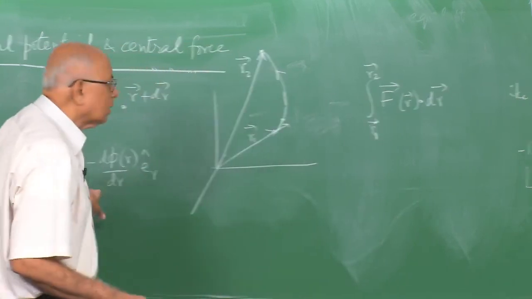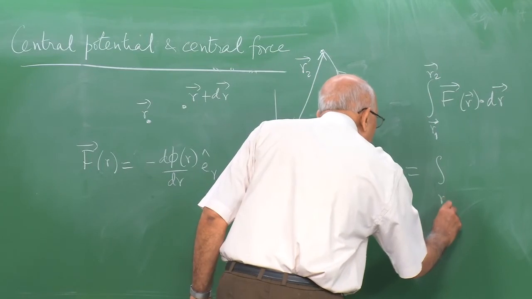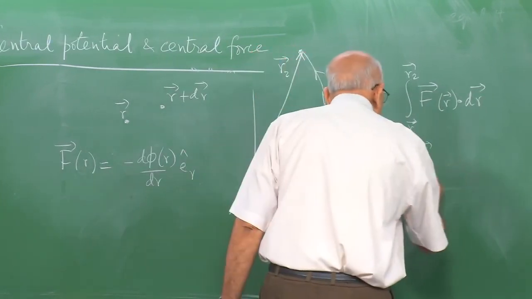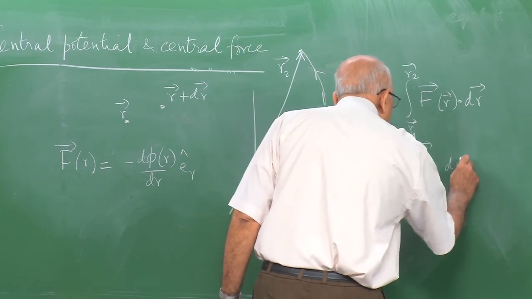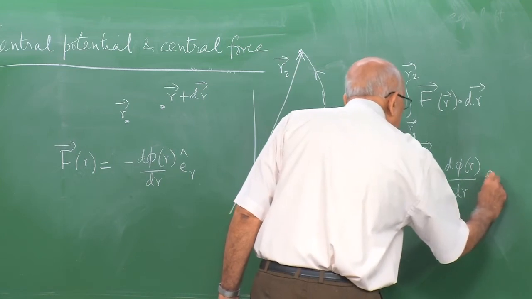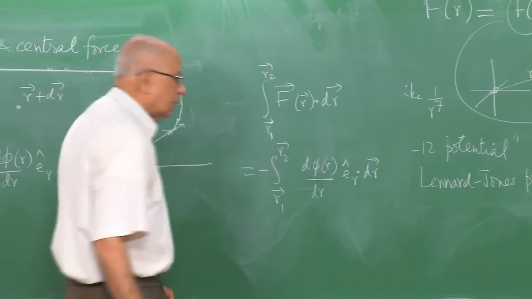as this form here, then you can see this is equal to an integral from r1 to r2, whatever be f of r we don't care, minus sign d phi of the distance r over dr, e_r dot dr, in this fashion.